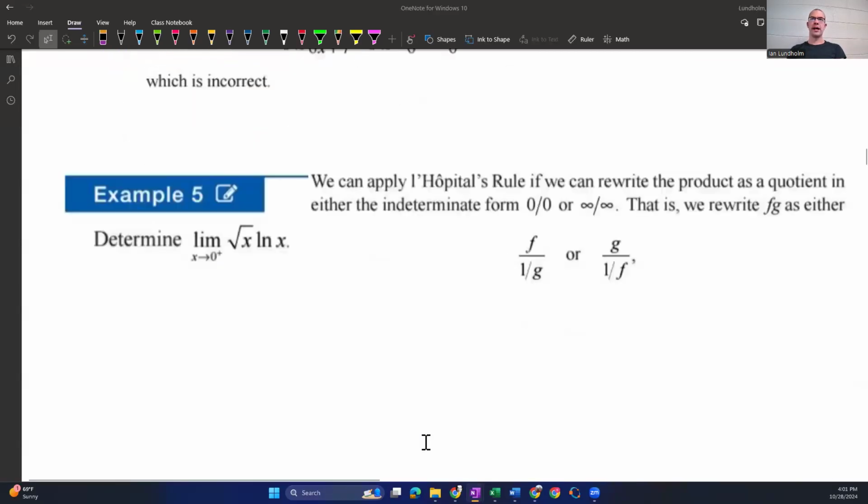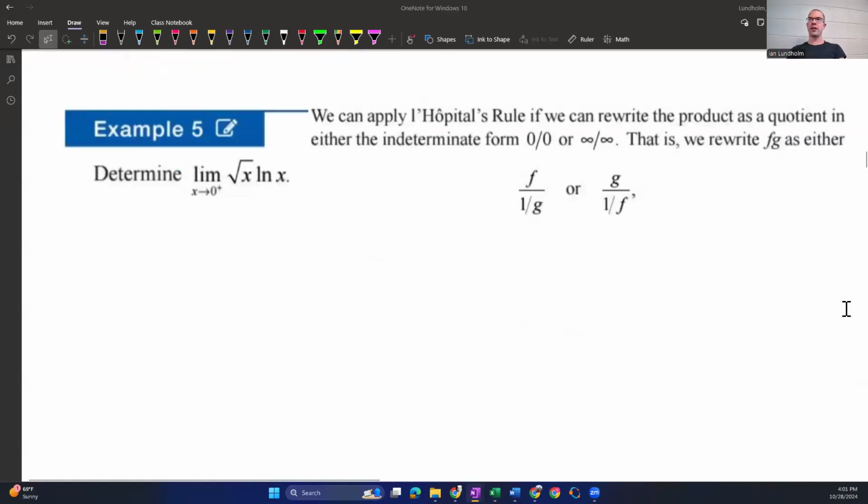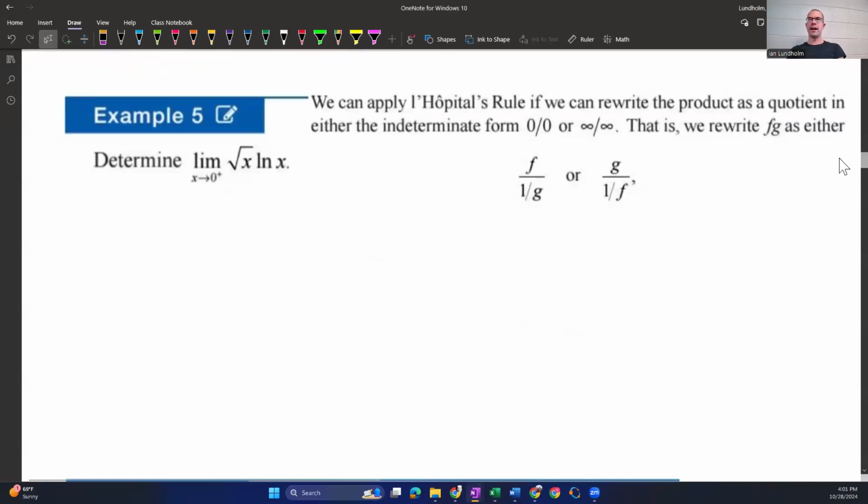Now we're back to example 5. Here's where we can take something that looks like, if we put in 0, this part would go to 0, and this part would go to negative infinity.